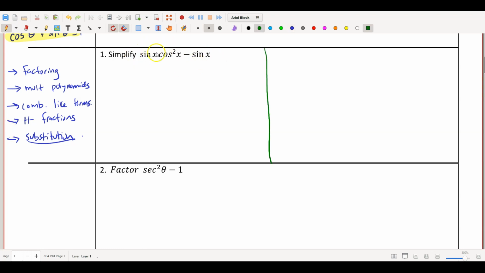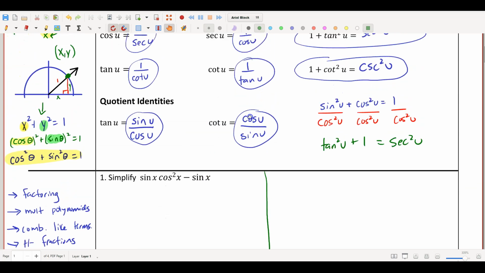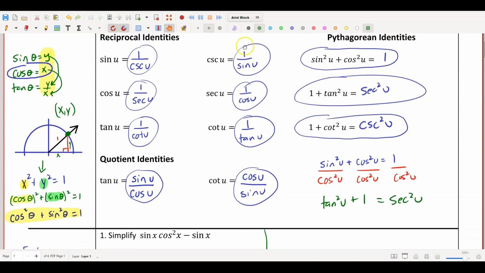So what we're going to do here is, usually the first thing we do is look and see in this expression, is there some sort of substitution we can make that would be helpful, right? So I'm going to look up to my little identities here and maybe just see if there's something that could be helpful that I could substitute.